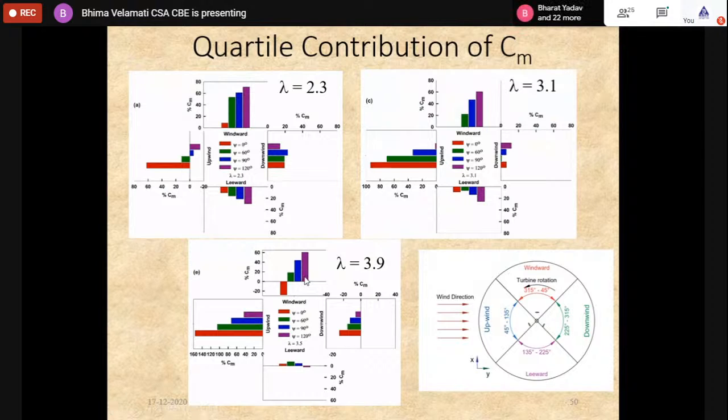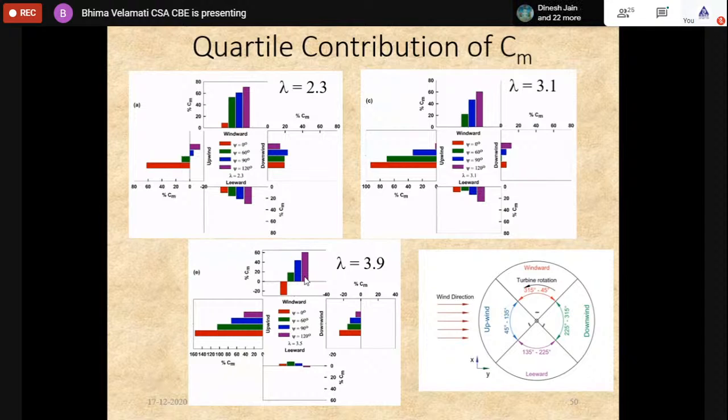Why is that? Because for helix, you cannot put a statement saying where the turbine blade is, because the turbine blade is not planar.